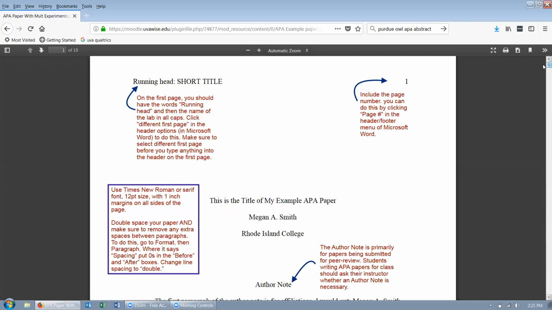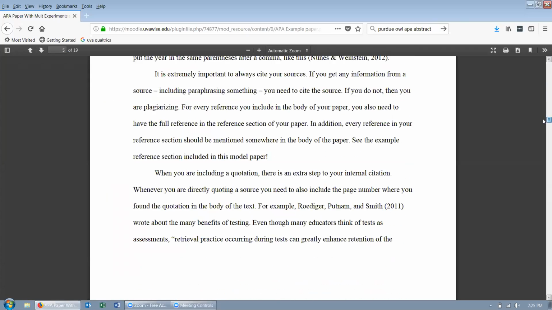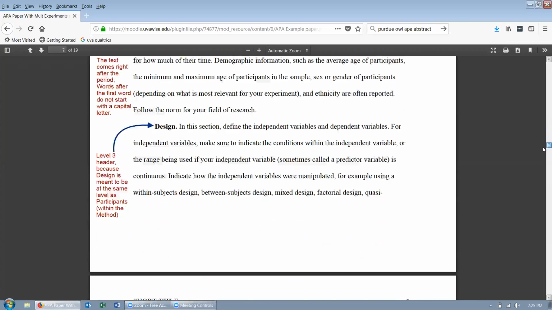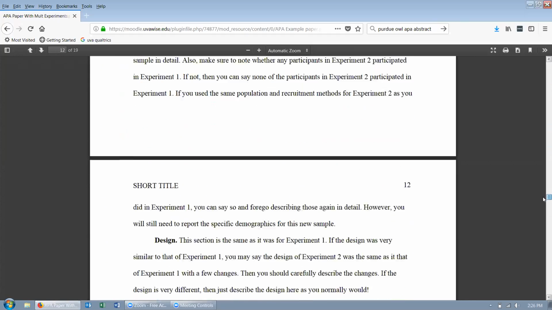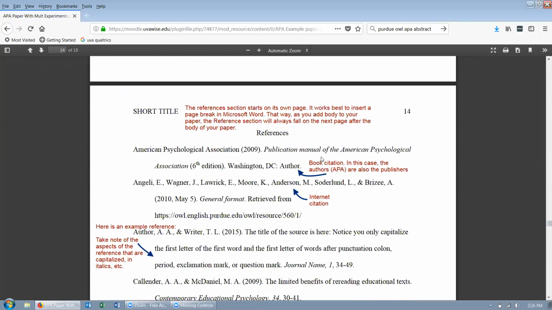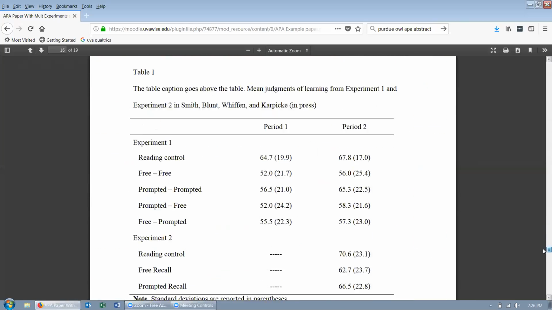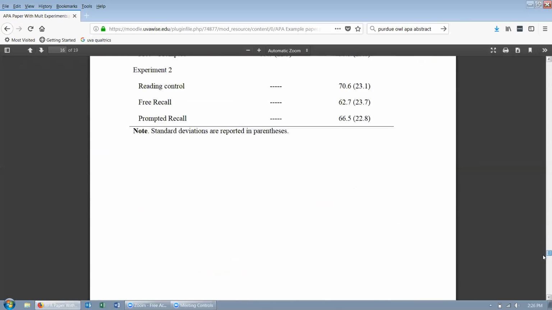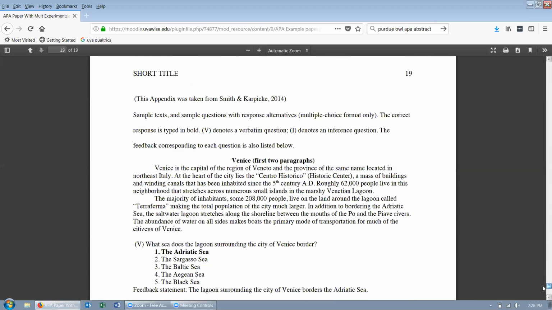So you can see what a title page looks like, you can see what an abstract looks like. If you go all the way down to the end, this is an empirical paper, so it has all of the general sections, you can see what a references page looks like. It also includes tables, which you probably won't have, but this is an example of what your figures might look like and how to format them. And then it also has an example of the appendix.